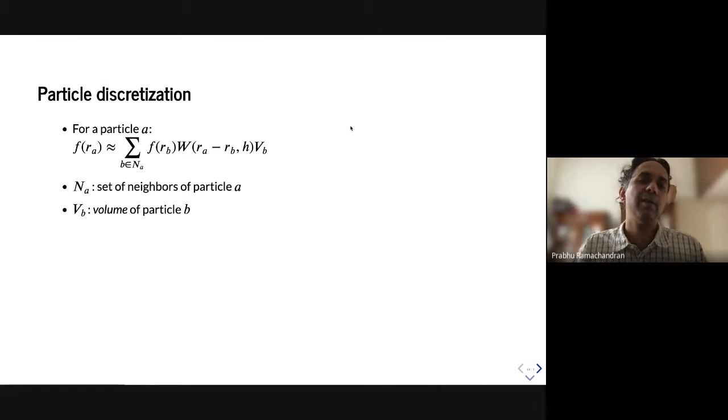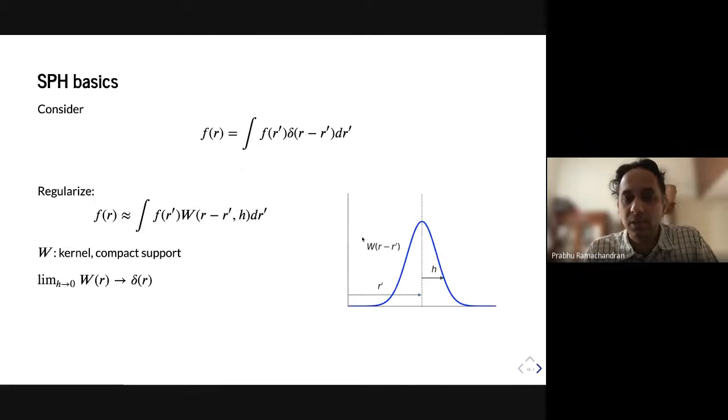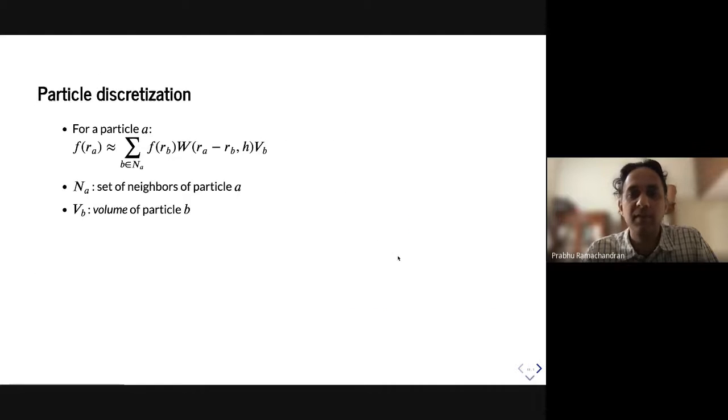We have a collection of particles, each having some function value f(r_b), each having some volume, and each having some smoothing length h. This is called a smoothing length h. Now, because this function W is compact, which means it's 0 at some distance away from that particle, you don't need to do the summation or the integral over all particles.